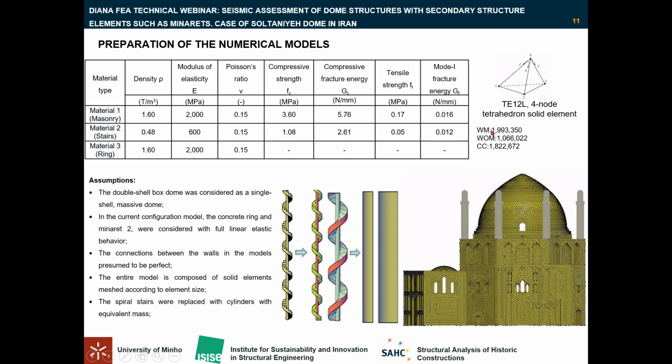And here you can see the number of elements in all three models that we have, which range between 1 to 2 million approximately. Due to the sensitivity and accuracy in Diana, it was very difficult to achieve the FEM model with such refined mesh, and the 3D model was modified several times.